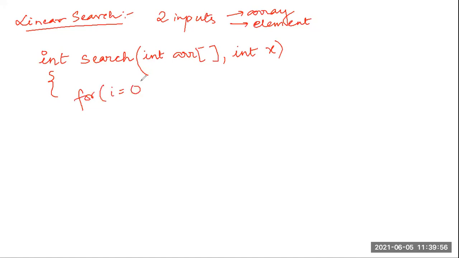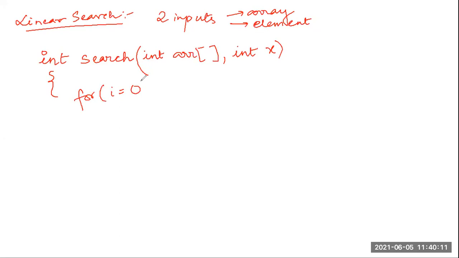Now remember, I am writing the algorithm. Okay, this is the way we write the constructs of an algorithm. I am not writing a C program, because if I write a C program, I will define i, initialize i, and all those things.